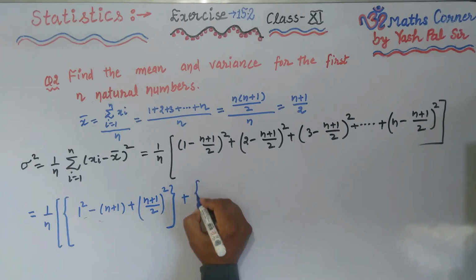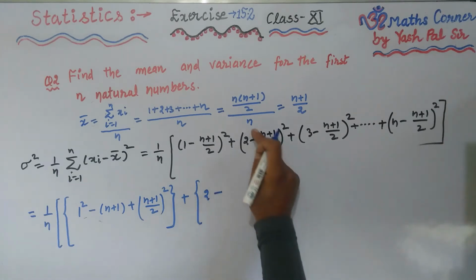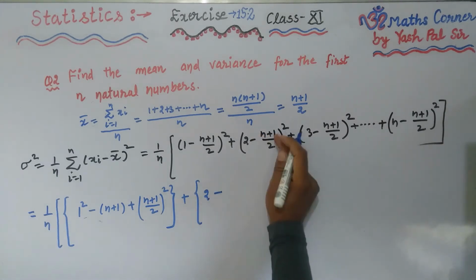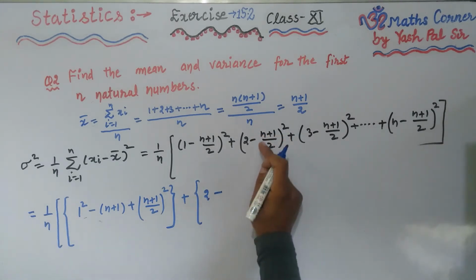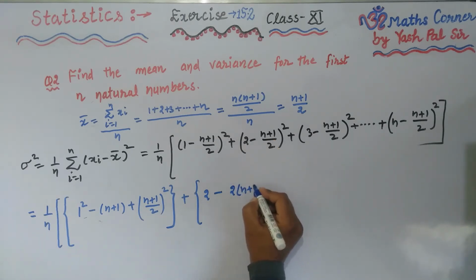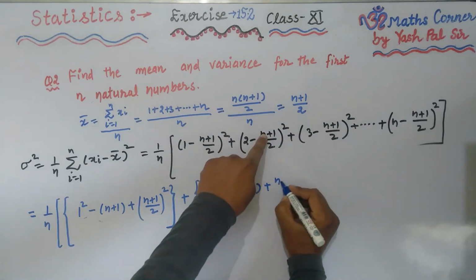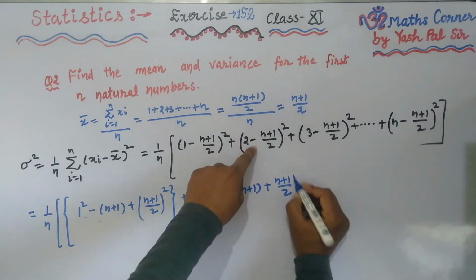Second bracket: 2 square minus 2, the 2s will be cancelled, this into 2 into n plus 1, plus the last one, n plus 1 upon 2 its whole square.